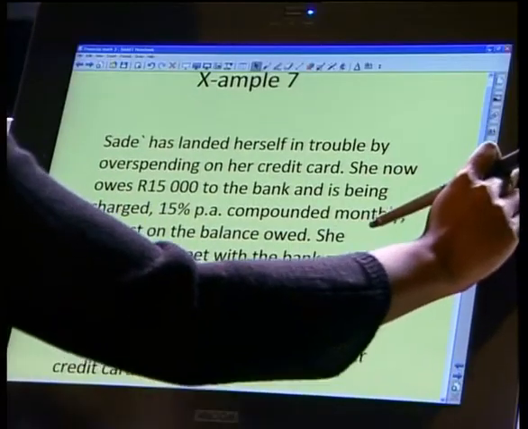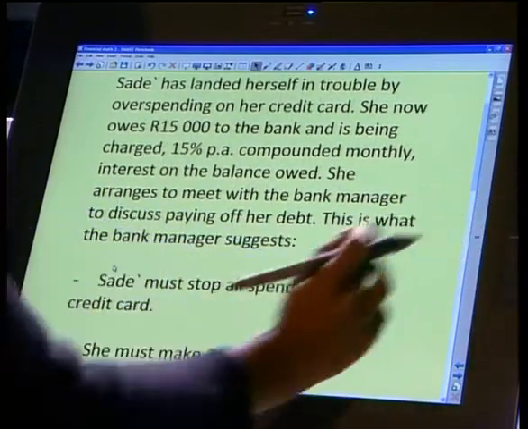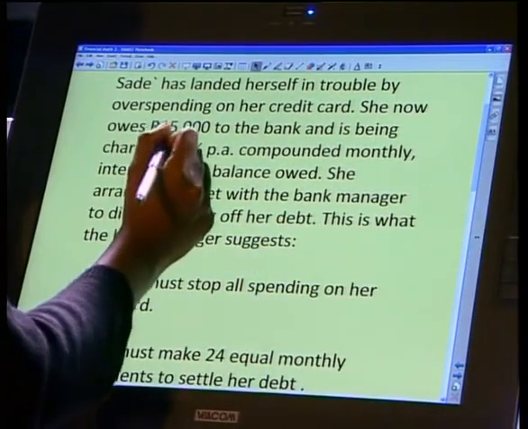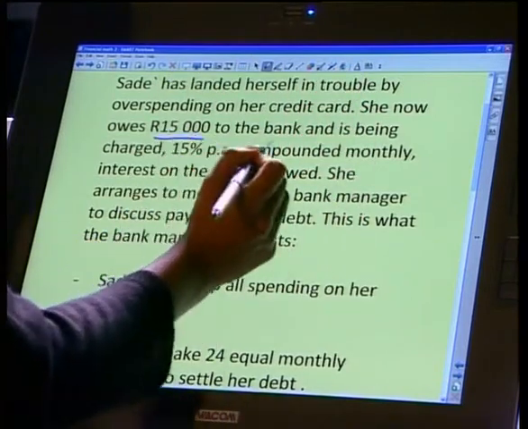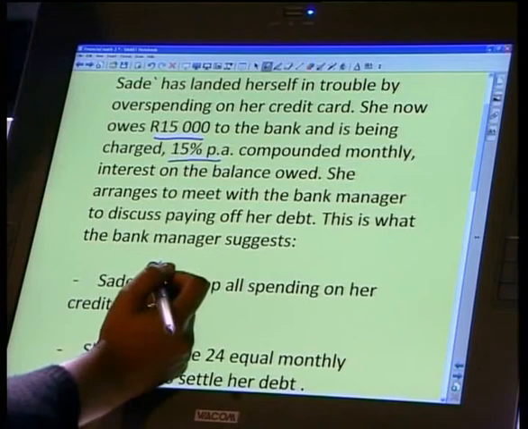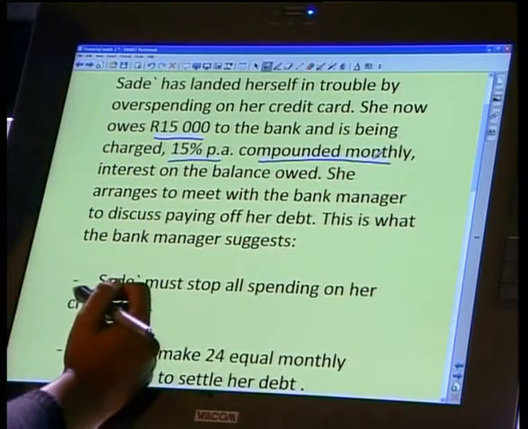Guys, this is the last example that we are going to look at. This is example 7, and we're still continuing with credit examples. Sade has landed herself in trouble by overspending on her credit card. She now owes 15,000 Rand to the bank and is being charged 15% per annum compounded monthly interest on the balance owed.